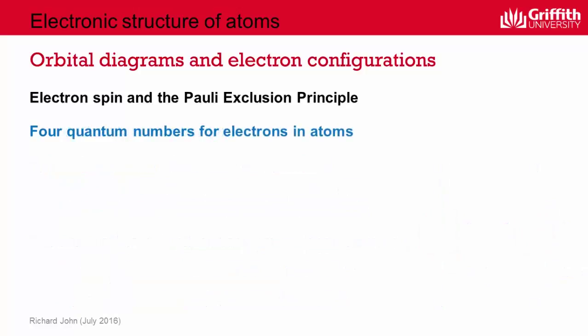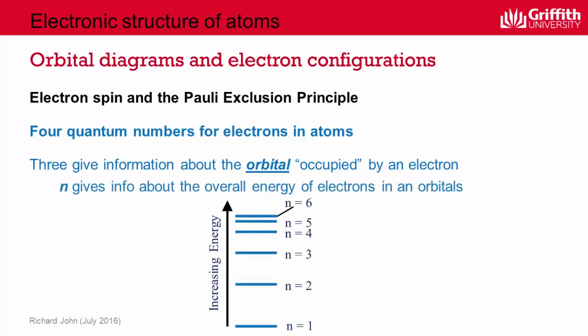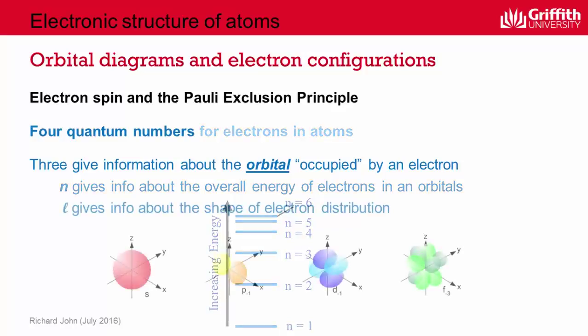So we now know that an electron within an atom has 4 quantum numbers associated with it, and these quantum numbers help us gain an understanding of the electronic structure of that atom and therefore of the chemical and physical properties of that atom. The first 3 quantum numbers give information about the orbital that is occupied by an electron. The principal quantum number n gives information about the overall energy of electrons in orbitals.